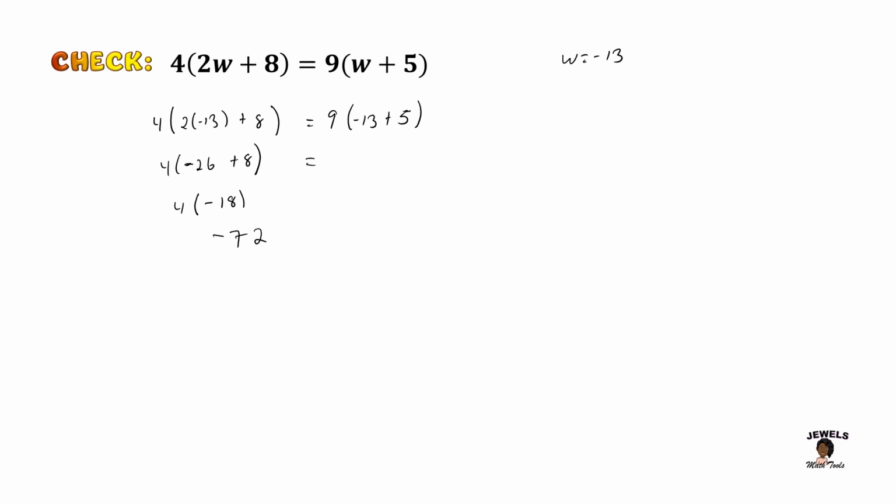Okay, so now let's begin simplifying the right-hand side of our equation. So we're going to be multiplying 9 times negative 13, which would equal negative 117, which will be added to 5.